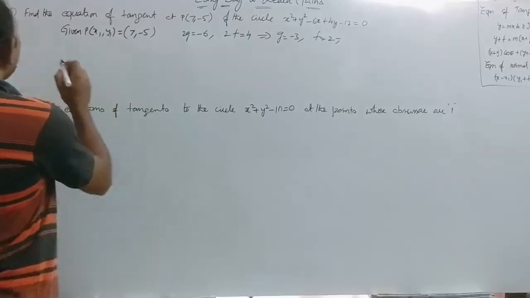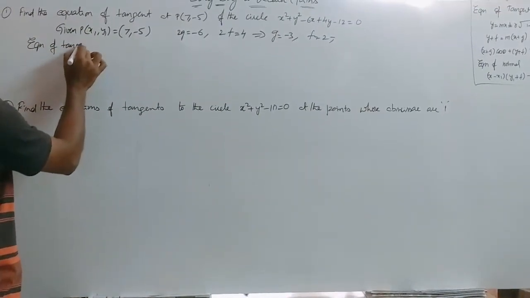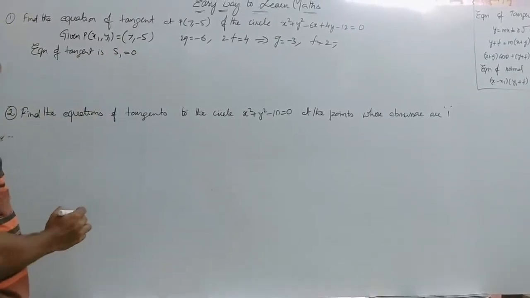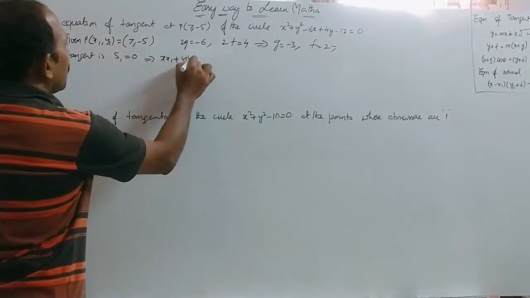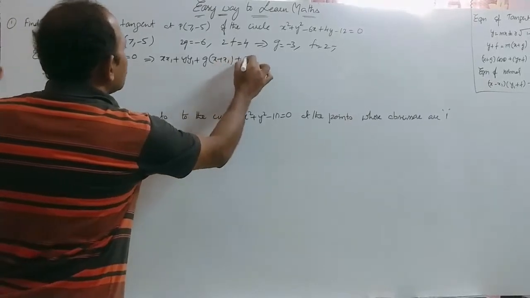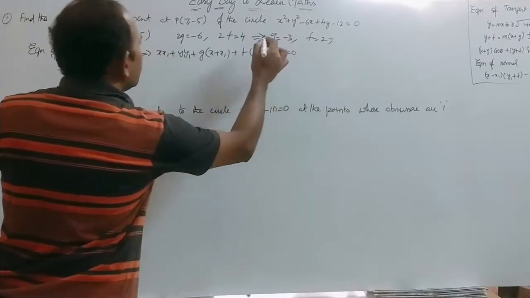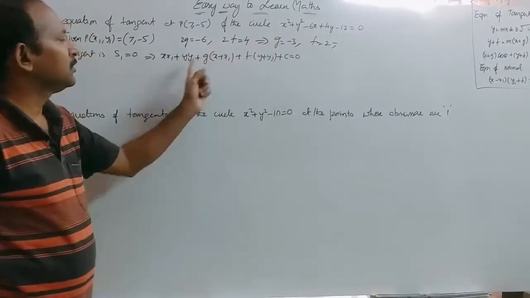Then the equation of tangent is S1 equal to 0. S1 means xx1 plus yy1 plus g into (x plus x1) plus f into (y plus y1) plus c is equal to 0. Now let us substitute these values in this equation.